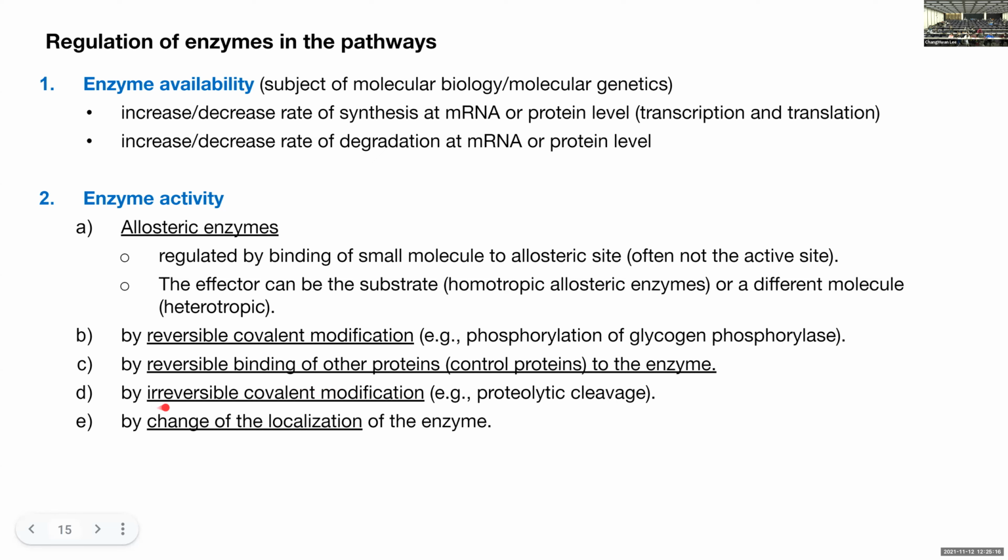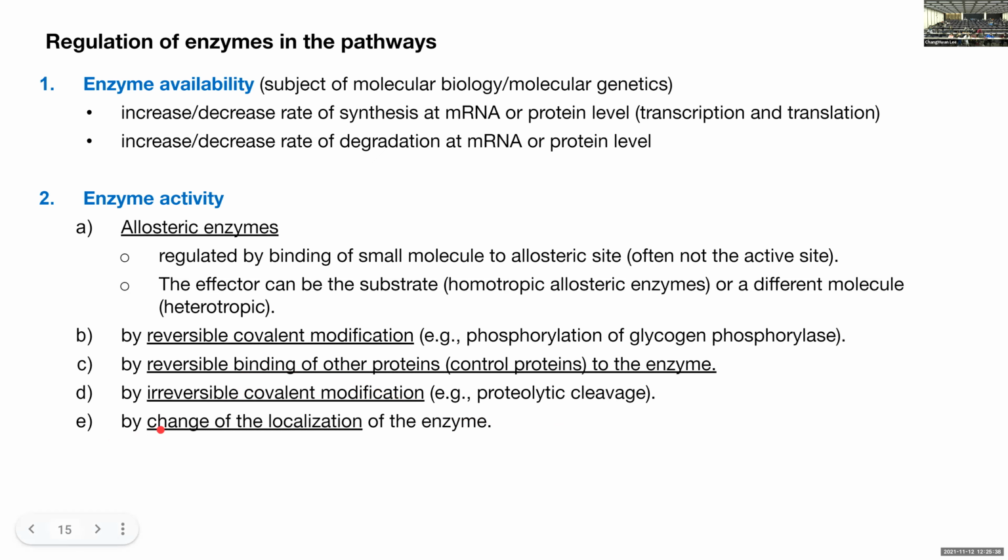And also there are irreversible covalent modifications, especially proteolytic cleavages, where the protein or the enzyme is cut in half, or two pieces or multiple pieces, in which case it's almost impossible to put them back together, right? So it's going to be an irreversible modification.